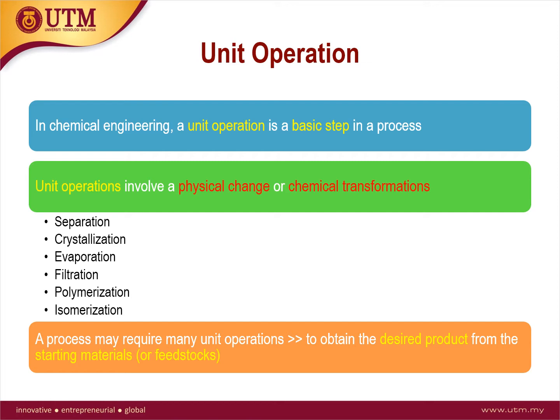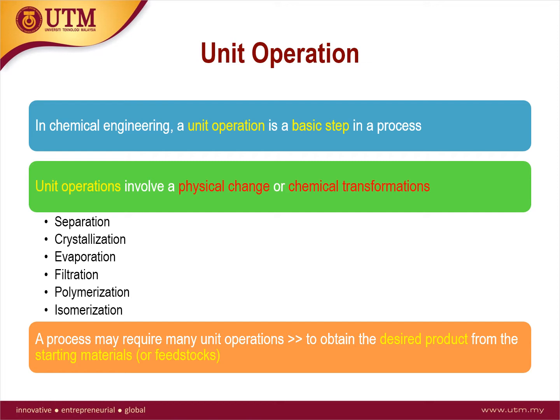Polymerization and isomerization are unit operation processes that involve chemical transformation because they involve the bonding, or the chemical breaking down of the bonding, of the molecules. Okay, a process may require many unit operations.